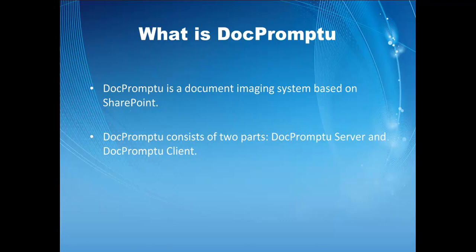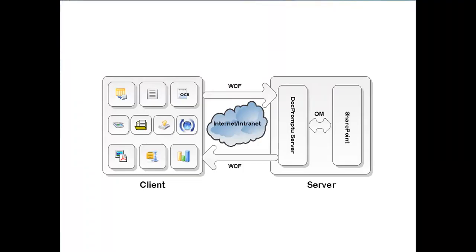Let's take a close look at the DocPromptu structure. From the topological graph, we can tell the DocPromptu server should be deployed in the SharePoint server. They communicate through the object model.